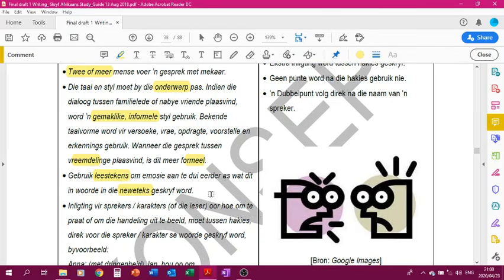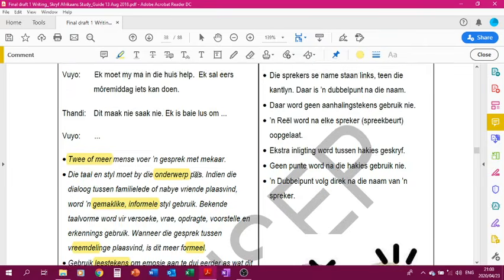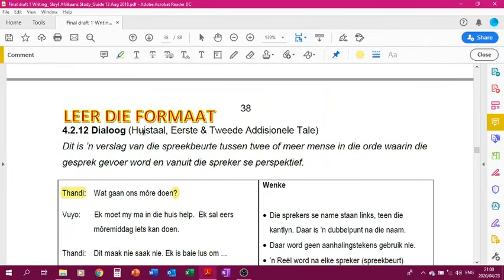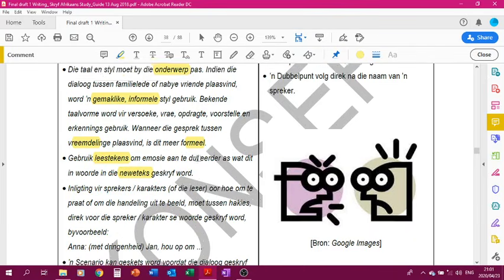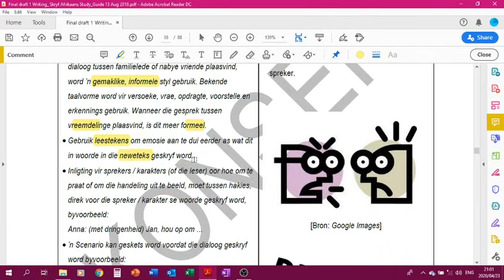They would appreciate that you not use it, but also remember that this is also notes for huistaal en tweede addisionele taal. So eerste addisionele taal, it's fine if you do that. They would prefer, especially for home language and second additional language, that it's not used. But for first additional language, it's not a problem. But still, use your punctuation marks because it does give through emotion.